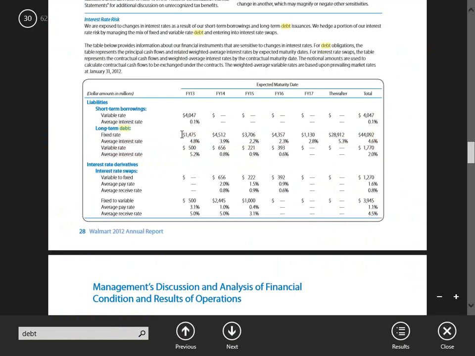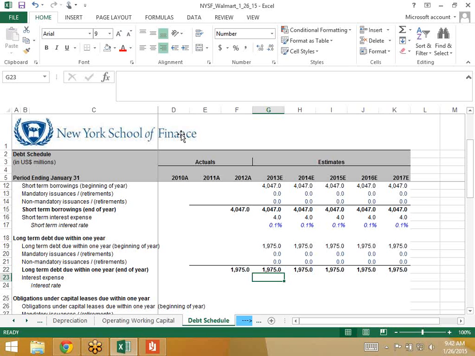I took a blend. The way I did it was I hard-coded directly in the interest expense. I did 1475, and I had it blue as a hard code. If you're going to do this for a deal or transaction, I'd comment where it came from, times 4.8%, plus 500 times 5.2%.